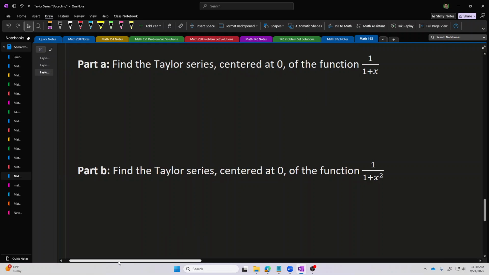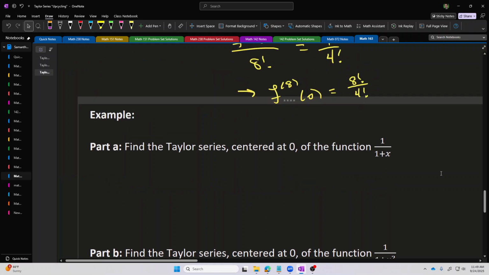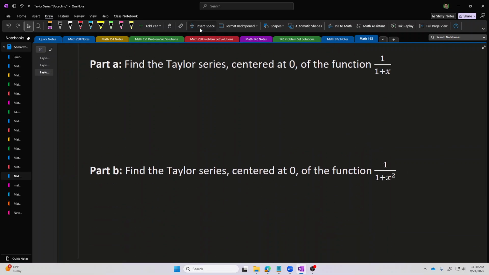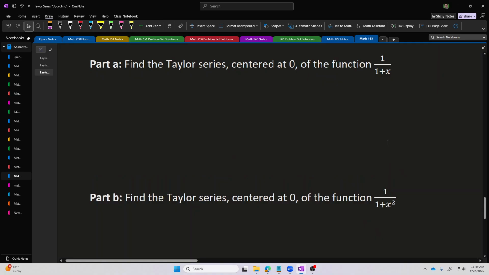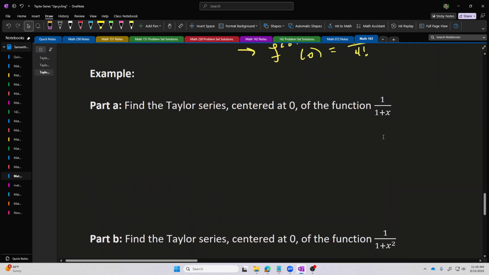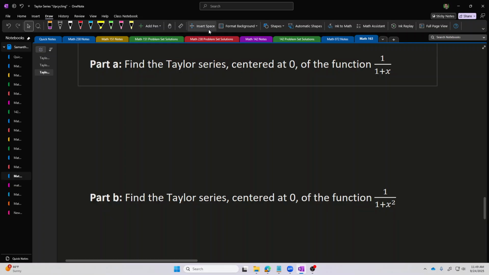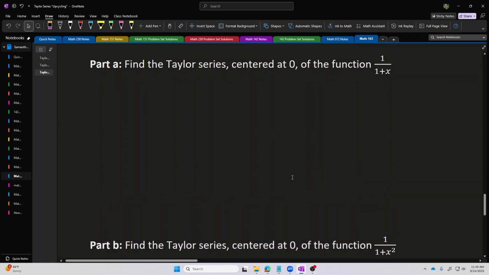Alrighty, to finish off this video, let me just go ahead and demonstrate a couple of different manipulations and combinations that can give rise to Taylor series of more complicated functions. For example, if I said to you, I want the Taylor series centered at 0 of the function 1 over 1 plus x.